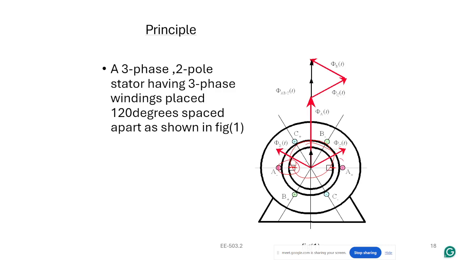How it will look: we are placing each phase at a 120 degree phase shift. For each phase we consider the magnetic field. We are not only considering the mechanical placement but also the winding placement. So windings are placed 120 degrees apart from each other.